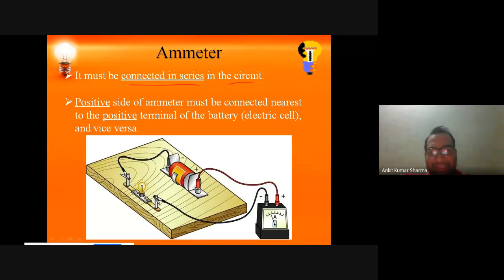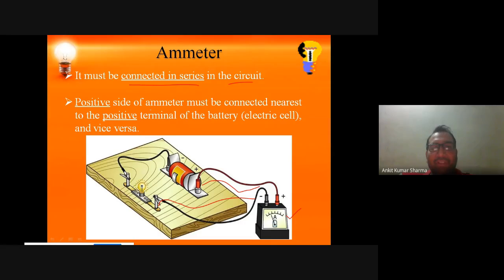So you can see in the diagram, there is an ammeter which is connected in the circuit. One terminal is connected to one point of the battery, and the second terminal is connected to the load point.